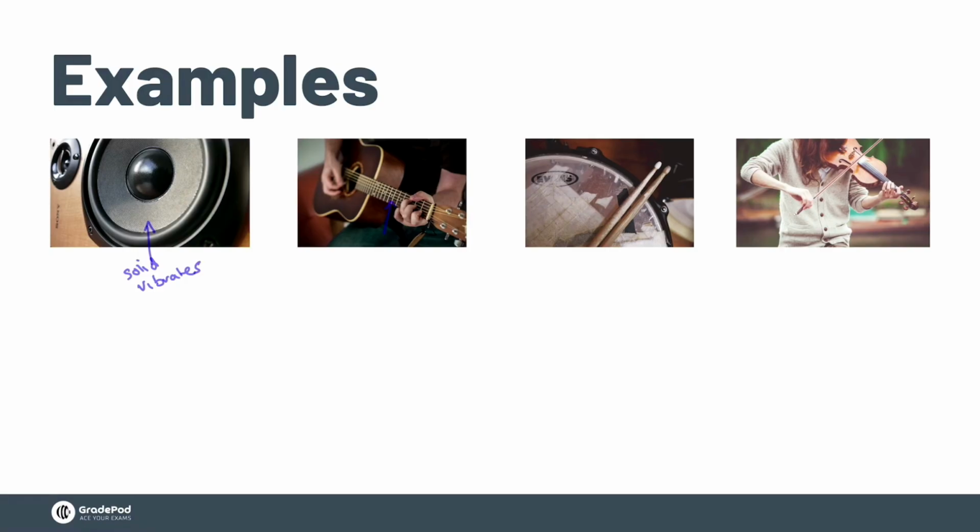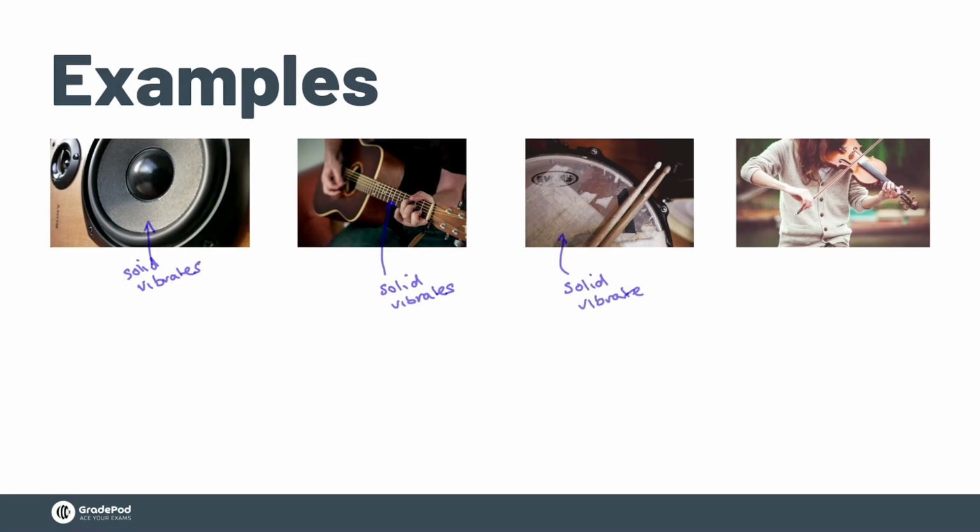In a guitar, we have a solid that vibrates. What's the solid that vibrates in the guitar? It's the guitar strings. Okay? And by using this very clever idea of the body of the guitar to echo and resonate the sound, we're able to hear a sound from a guitar. When we use a drum, what is the solid that vibrates? Well, the solid that vibrates is the skin of the drum.